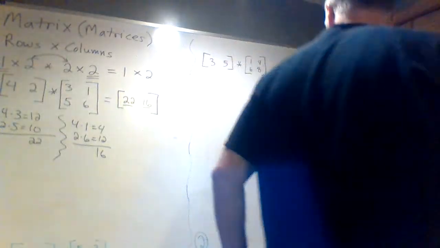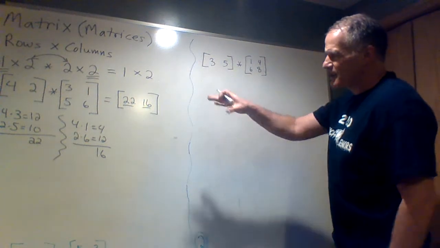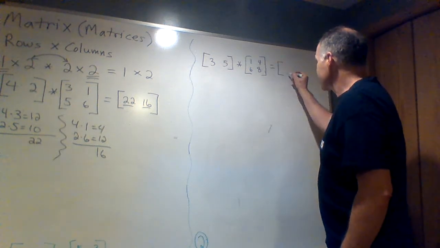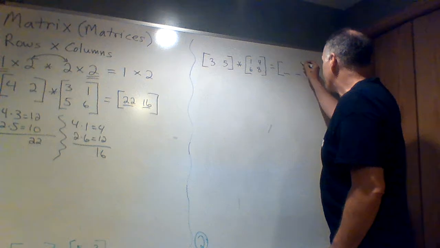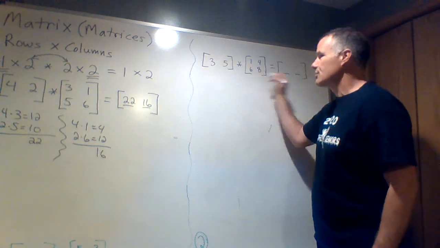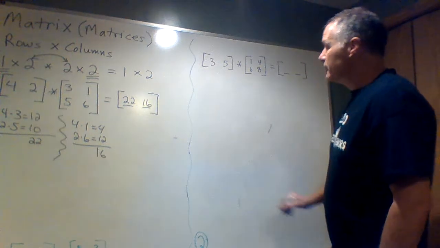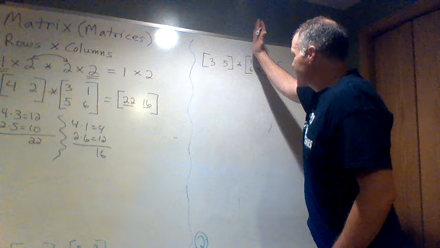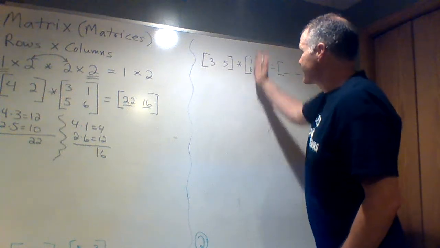Okay, let's practice another one over here, a little quicker, and then you're going to have one of these for your homework. I'm sticking with the same style here. This is going to be a 1 by 2 answer matrix, because that's a 1 by 2 and a 2 by 2. Row 3, 5 stands up and comes down 1, 6.